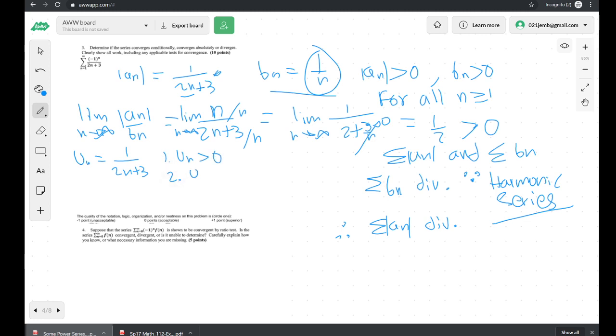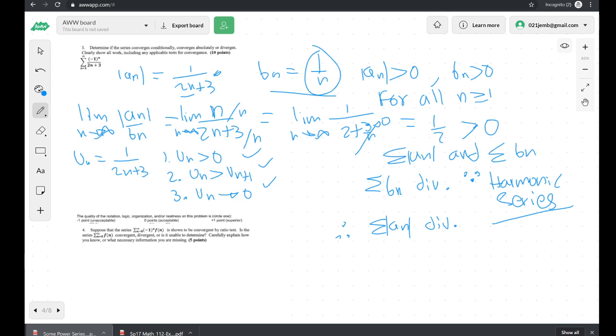The second condition is that u sub n is always greater than u sub n plus 1, or eventually non-increasing. That's true. It's an always decreasing function. And the third condition is that u sub n approaches 0. All of these conditions are met. So that means that this converges by the alternating series test.